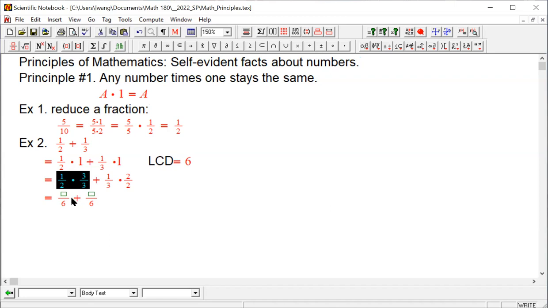So the first part we get 3/6: 1 times 3 is 3, 2 times 3 is 6. On this part, 3 times 2 is 6, 1 times 2 is 2. Now we have the same denominator, so we can add the numerators, 3 plus 2, over the same denominator.